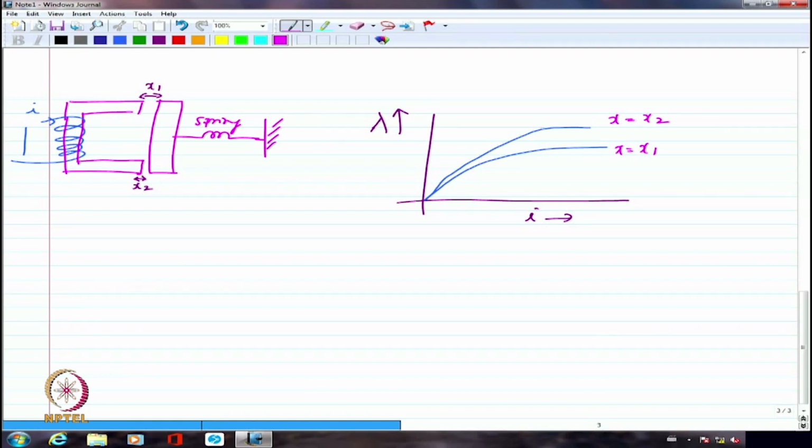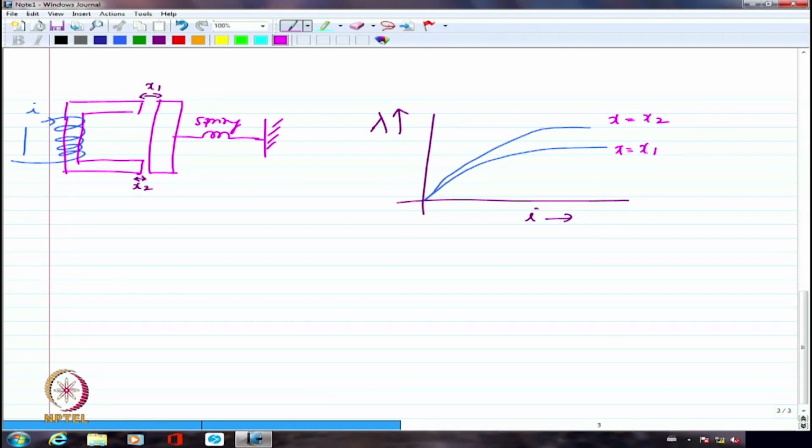And considering that the resistance of the circuit is a constant, the current can remain a constant. I am giving sufficient time so that the current persists at a constant value no matter what. That means the time constant of the circuit is much smaller than the time taken for the movement. That's what I'm assuming.